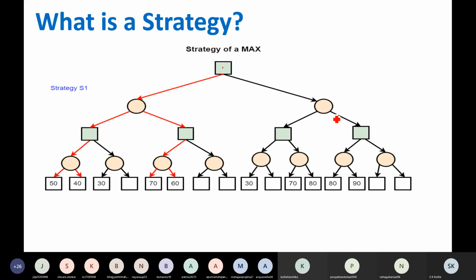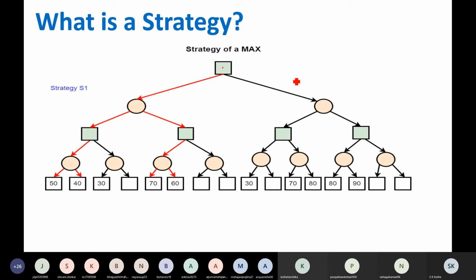If max makes the move shown on the right hand side, then max has two options, and out of that, max will select the best. So ultimately, similar to strategy S1, you can have a strategy S2 which is shown on the right hand side of this game tree.